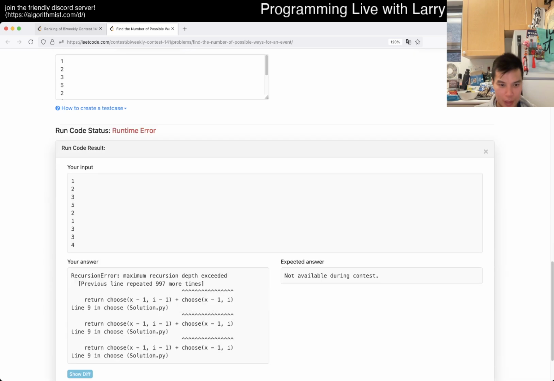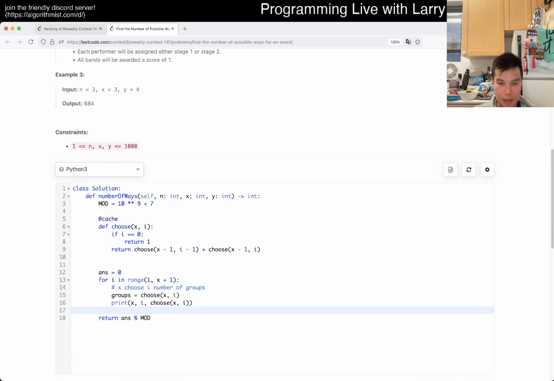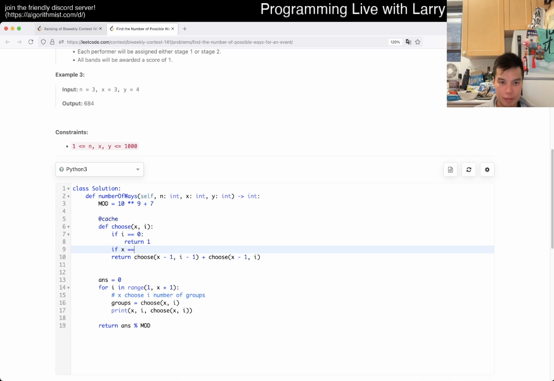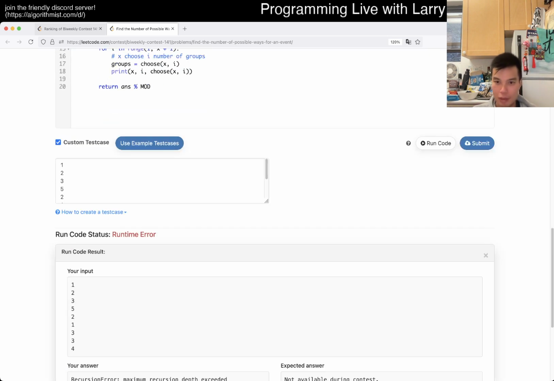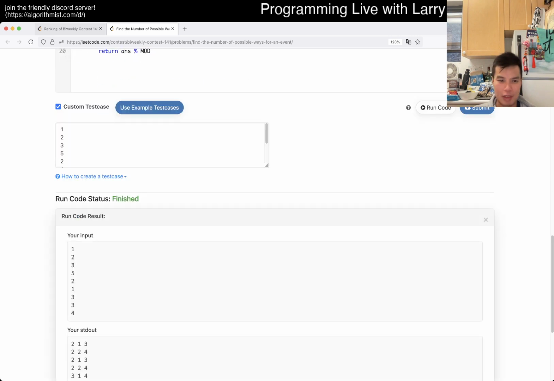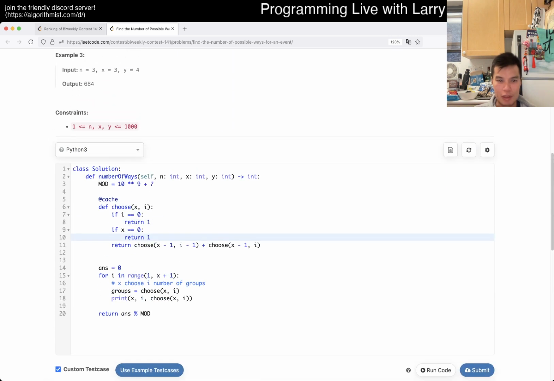Alright, let's just figure out how to choose this. Oh yeah, this is binomial, right? What are you doing, Larry? This is binomial. Right, alright.